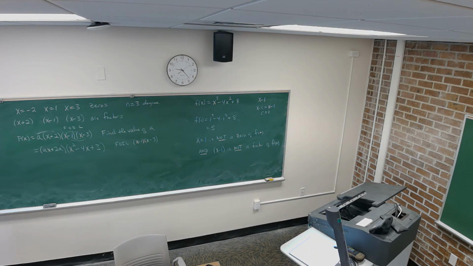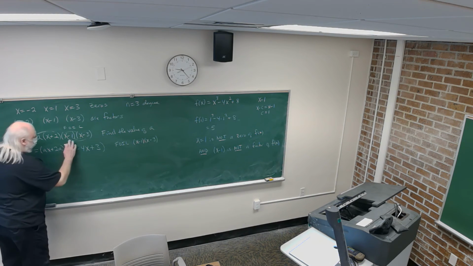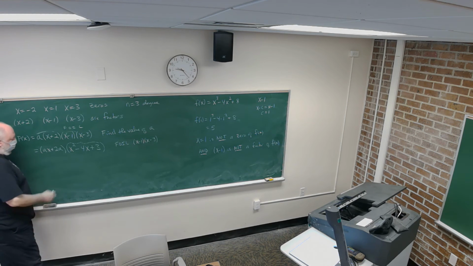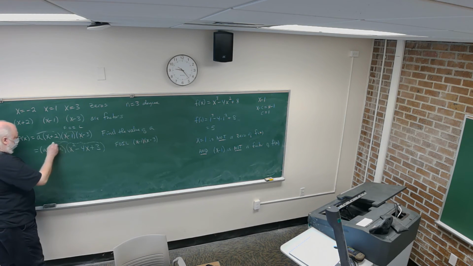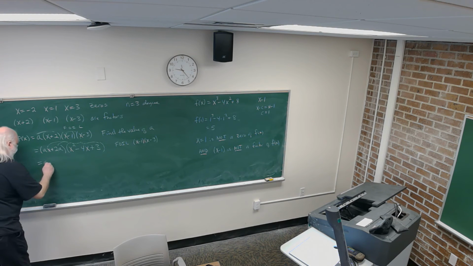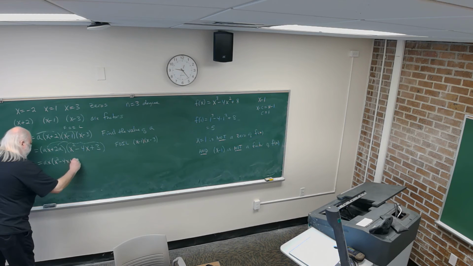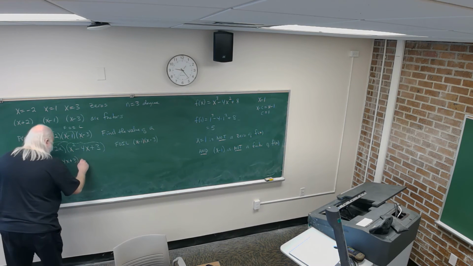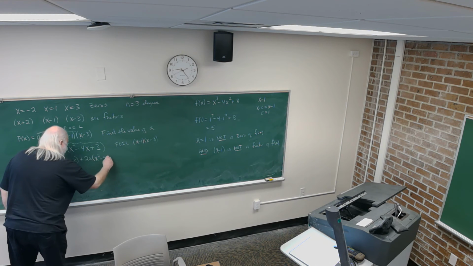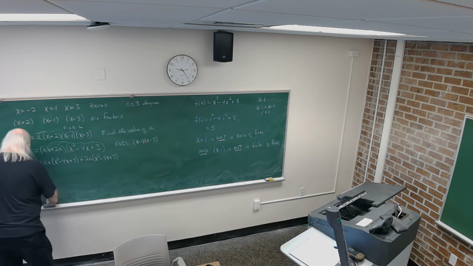Now, to continue to expand this, I treated this inside parentheses as one term, and I distributed it inside the parentheses here on the left. So I have ax times x squared minus 4x plus 3, plus 2a times x squared minus 4x plus 3.